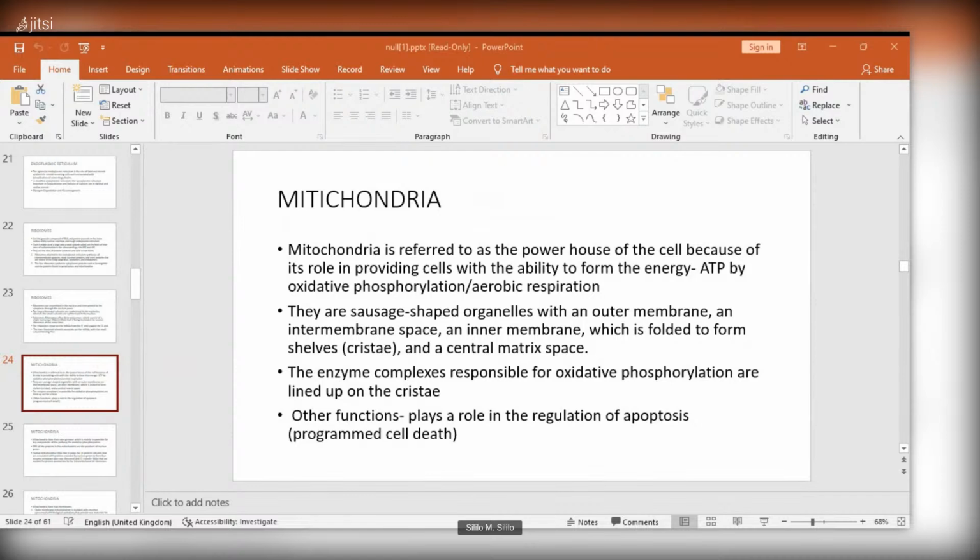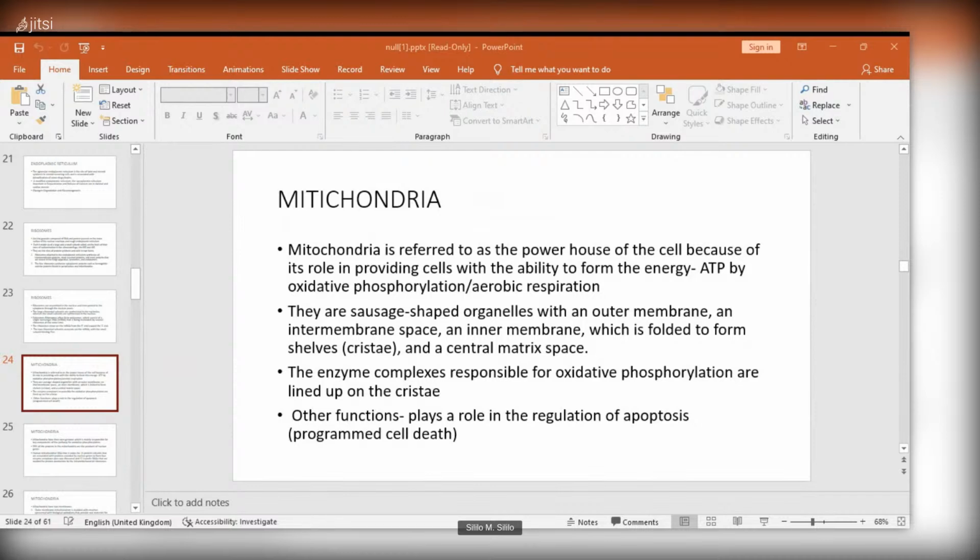But what I'm trying to refer to is when you have a problem in your cell cycle, or probably a cell has worn out, it has overworked, or there's a defect in the DNA of that cell, a cell can undergo what is referred to as programmed cell death. Genetically, it's going to die. Okay?